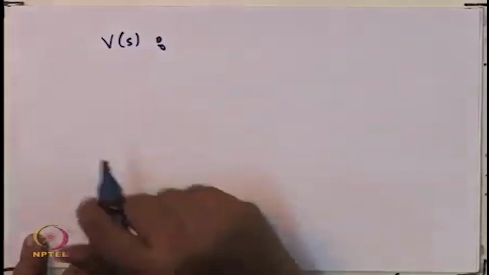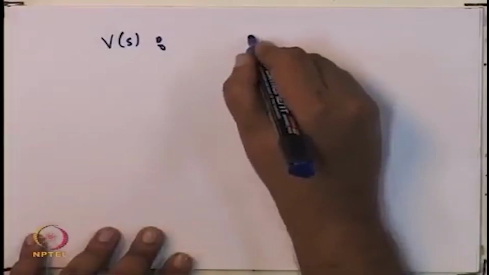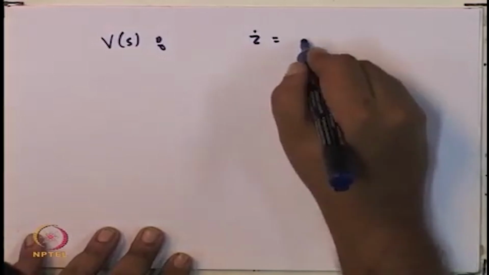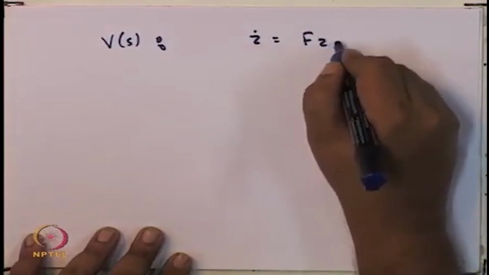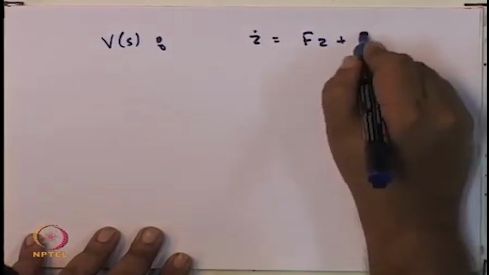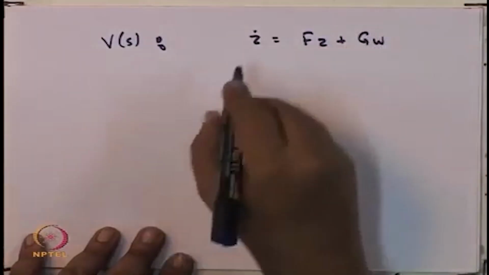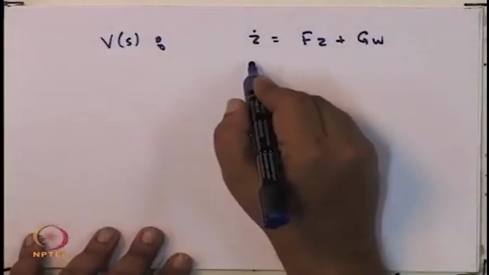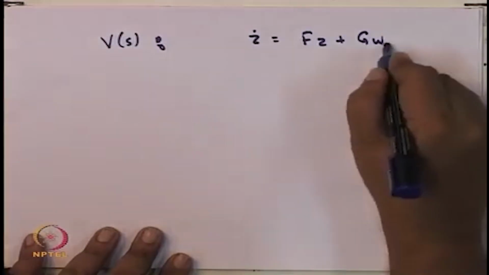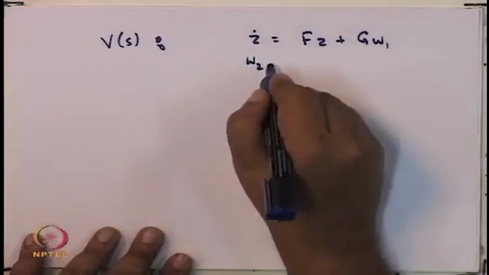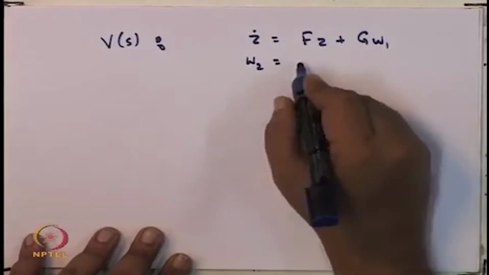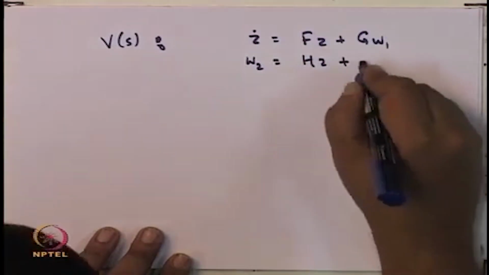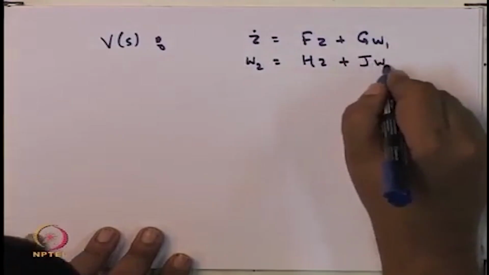Let the state representation of V of s be given in the following way. z dot is equal to F z plus G w1, where w1 is the input for this V of s, and then w2 is equal to H z plus J w1.